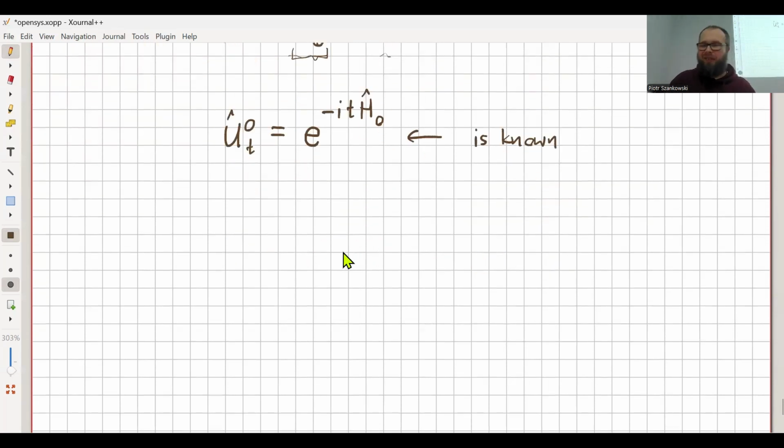This is under control. And now the idea is we take the full evolution operator, the one that has both H0 and V, and we want to pass to the so-called interaction picture, or to disentangle the H0 part from V. That's the disentanglement theorem.